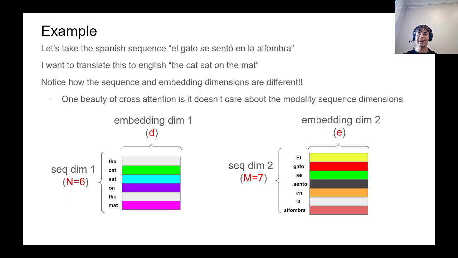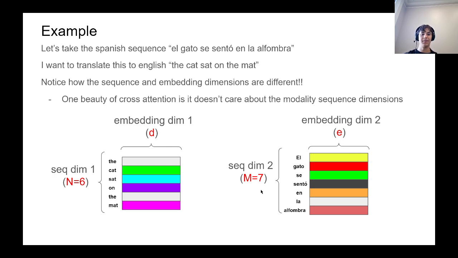So that's what we'll be doing. Now, in this example, I'm going to be translating the Spanish sequence here to this English sentence. So this is going to be our input sequence, and this is going to be our output sequence. We're going to encode the whole thing, and we're going to use cross attention to send information from this encoded sequence to this sequence, so that we can decode this one word by word, but getting information from this sequence here.